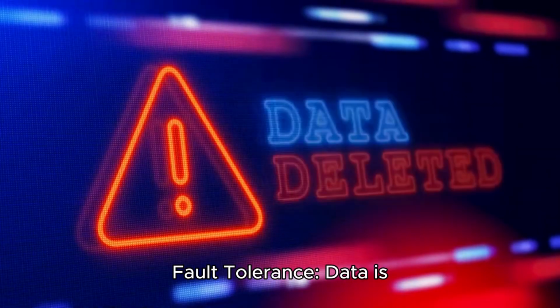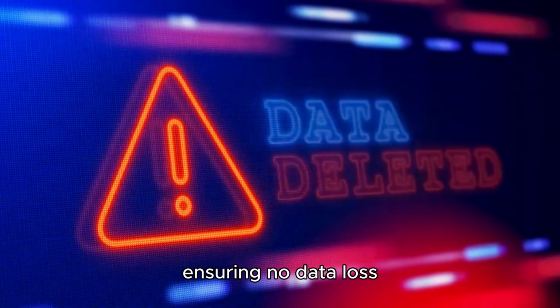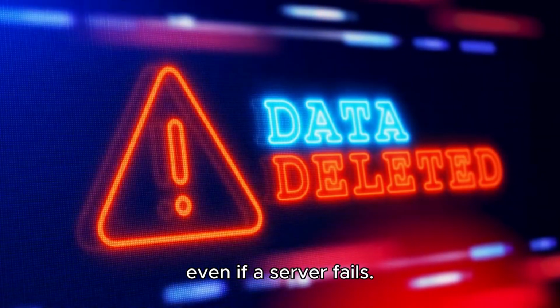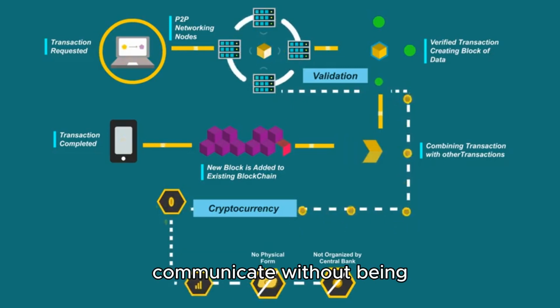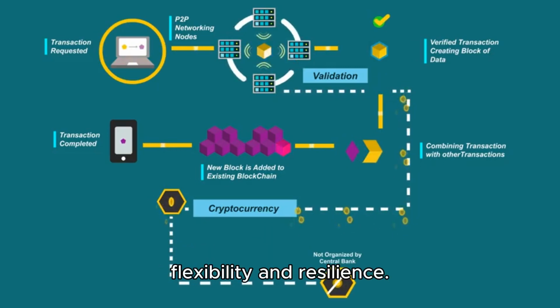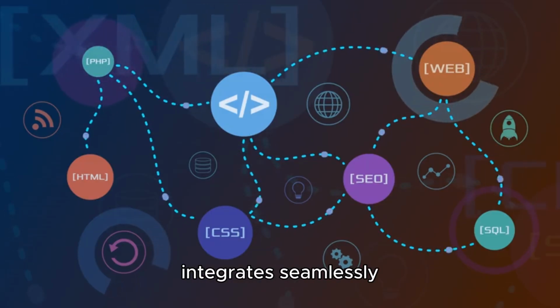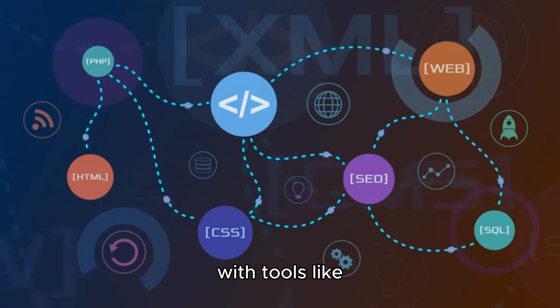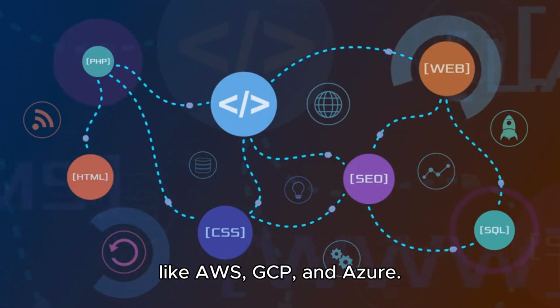Fault tolerance: data is replicated across multiple brokers, ensuring no data loss even if a server fails. Decoupling systems: Kafka allows systems to communicate without being tightly coupled, improving flexibility and resilience. Ecosystem integration: Kafka integrates seamlessly with tools like Apache Spark, Flink, and cloud services like AWS, GCP, and Azure.